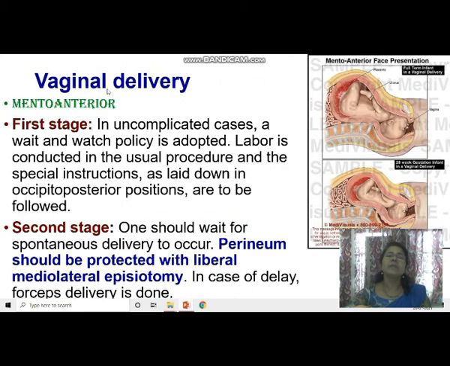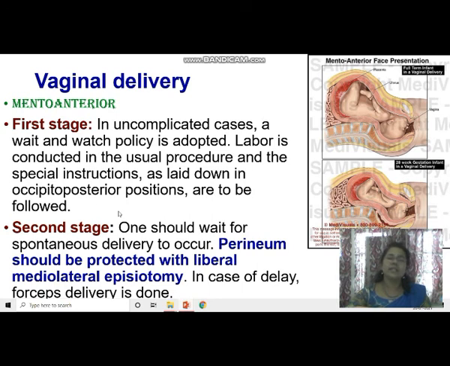And the vaginal delivery: if it is mento anterior, as you can see through this picture, in the first stage in uncomplicated cases a wait and watch policy can be adopted. Labor is conducted in the usual procedure, and the special instructions laid down for the occipito-posterior position are to be followed.